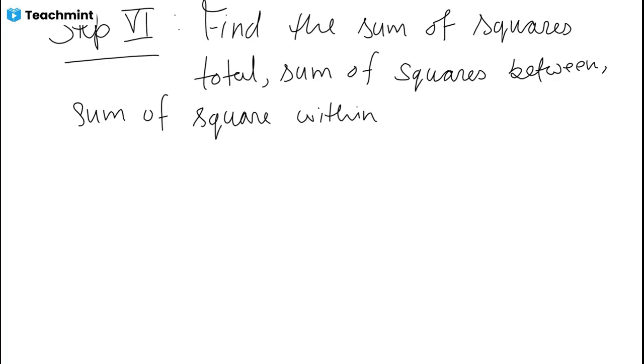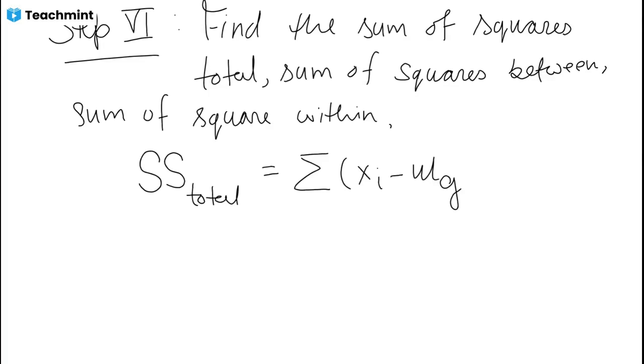Sum of square total is equal to summation of xi minus mu grand, whole square.